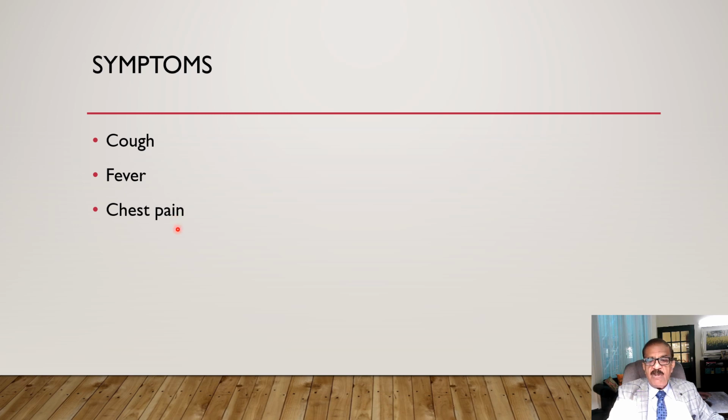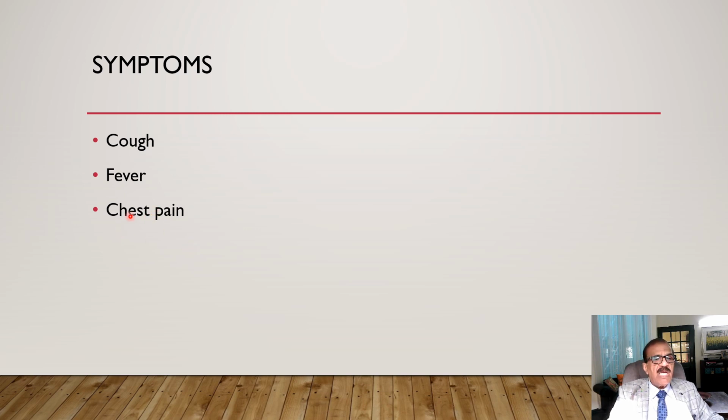And there may be chest pain in the affected part, wherever there is pneumonia, and this pain is pleuritic in nature. By that we mean that the pain increases on breathing, on coughing, on sneezing, on laughing, or on changing posture.